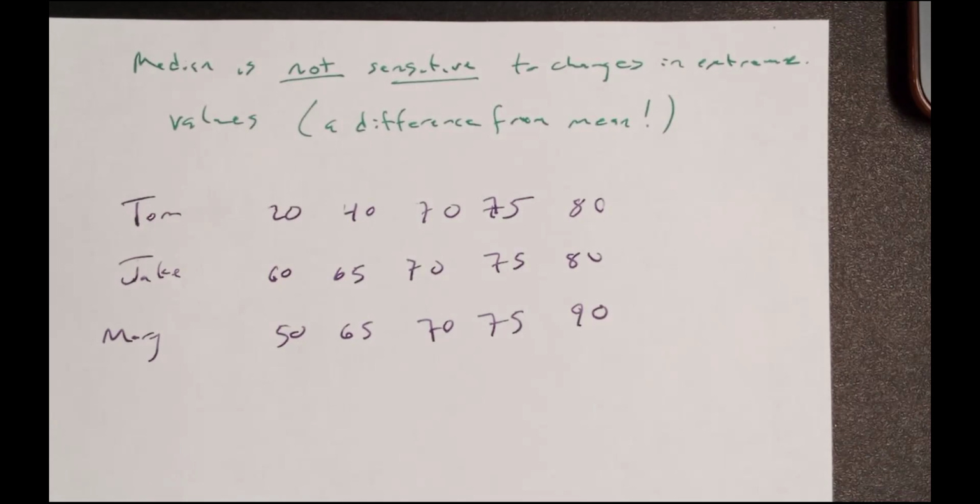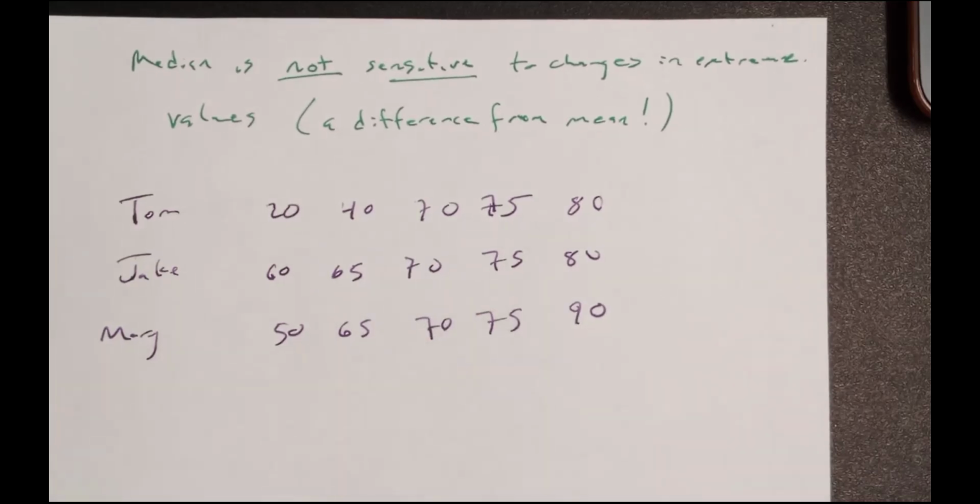For all 3 of them, right? The middle number in all 3 lists is 70. Find the average for each list.